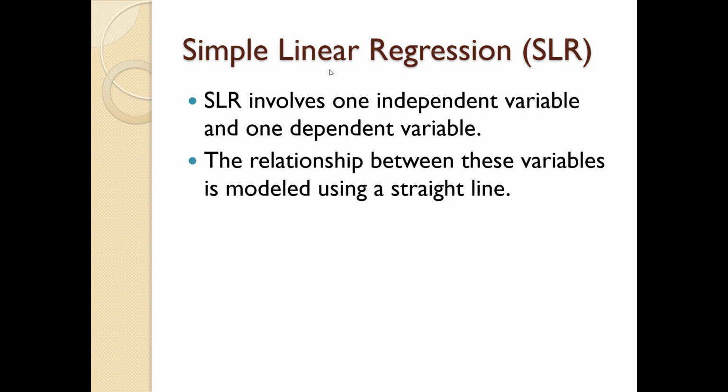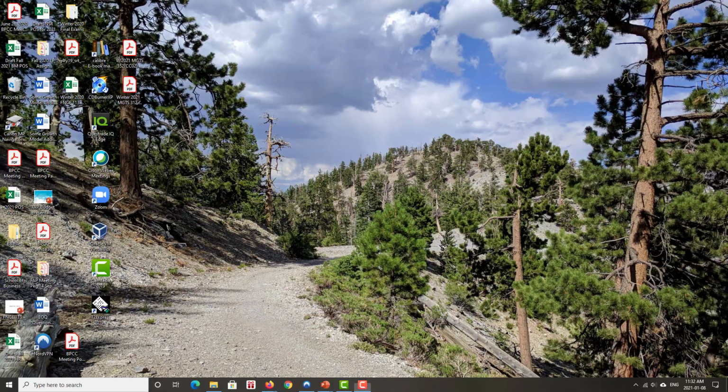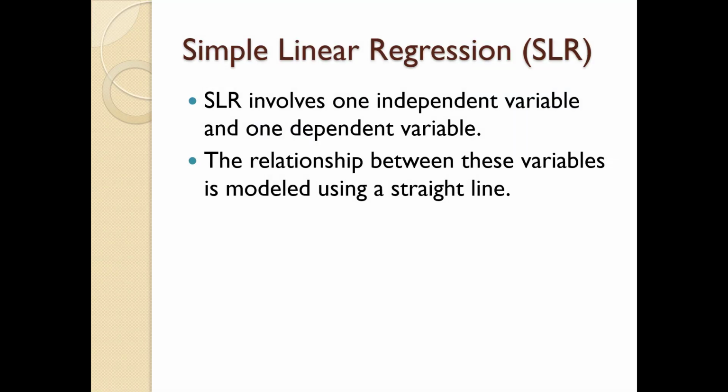Now, we do have tools available to us that will take really any relationship and view it as a linear relationship. Logarithms are usually the most popular one, but there are various transformations that you can do to take what's not a linear relationship and transform it into a linear relationship.